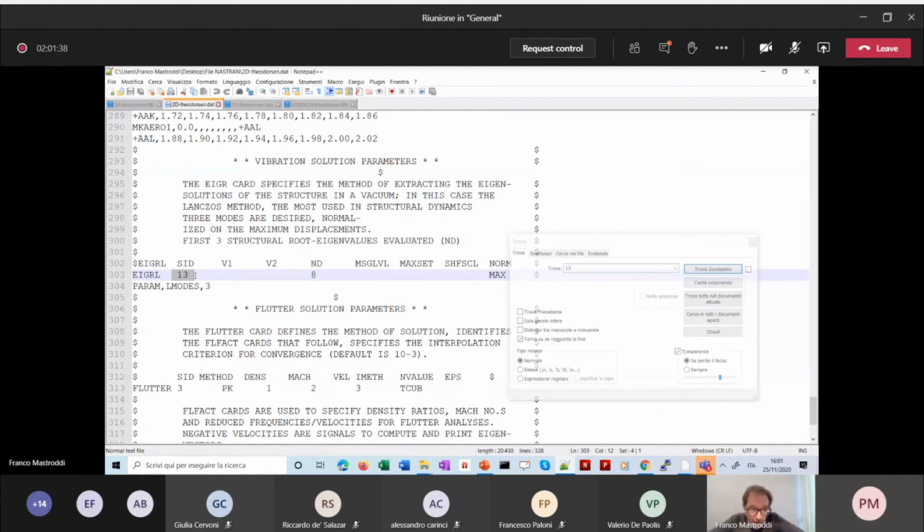You will have the identical data input file also for an actual aircraft. Okay, and this is the message. This is the same kind of input file for an aircraft. And that's all. I will see you tomorrow afternoon for another lecture, and thank you very much for your attention.